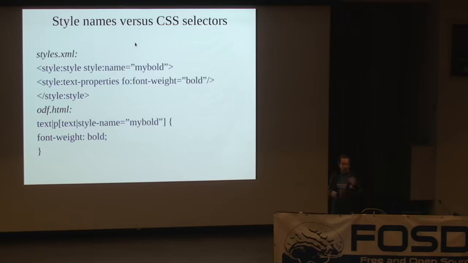It's a divider between the namespace prefix and the local name. Then you see the angular brackets, and the angular brackets say if the text style name is myBold, then this applies.